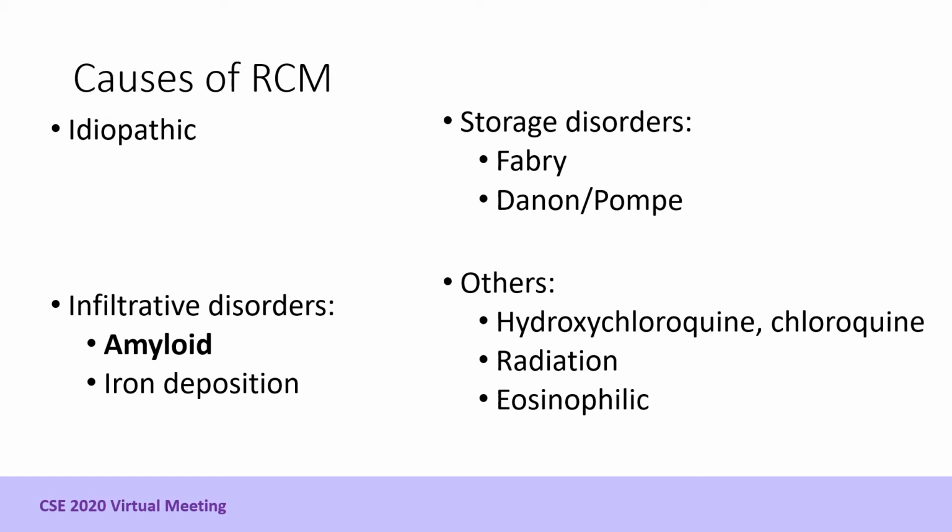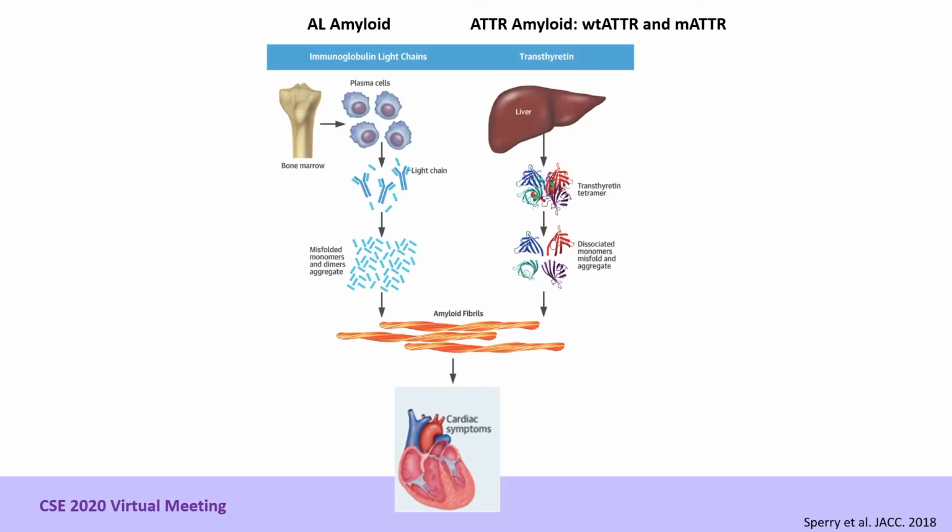We'll first start by discussing cardiac amyloidosis. In both AL and ATTR amyloidosis, amyloid fibrils can deposit in the myocardium, leading to a restrictive cardiomyopathy.